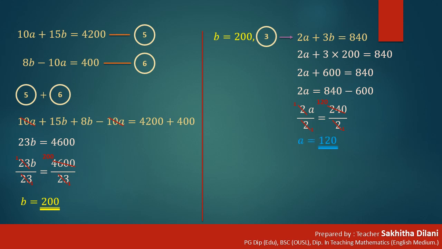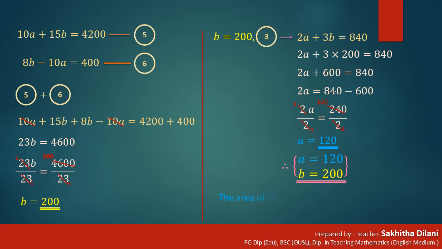Now you have obtained the solutions. A equals 120 and b equals 200. We can verify that the solution is correct by substituting the answers in the original equations. I am not going to do it here.